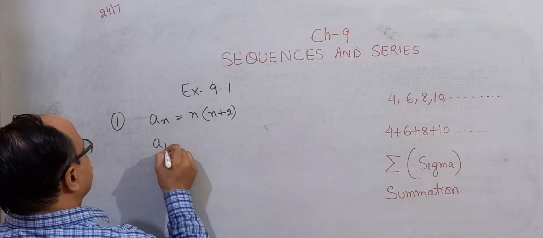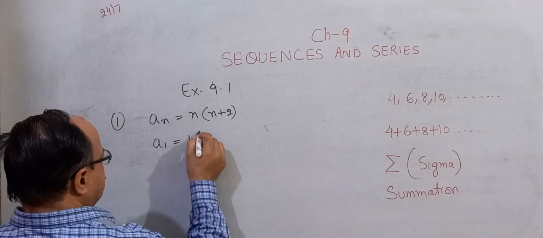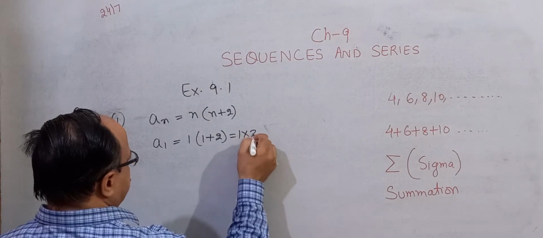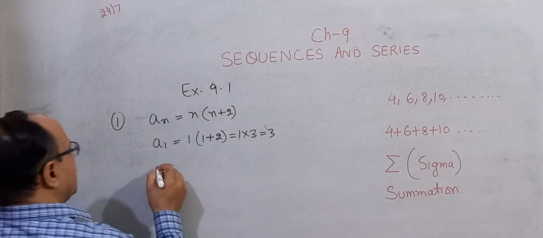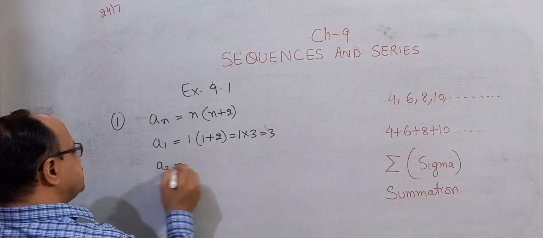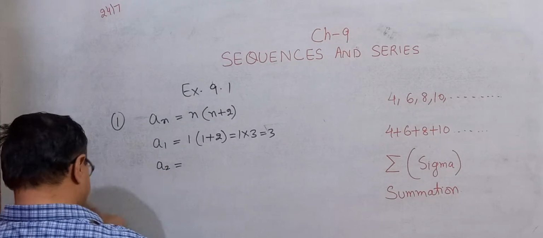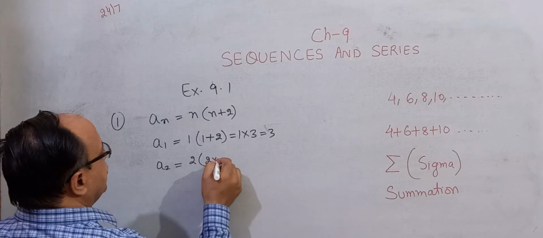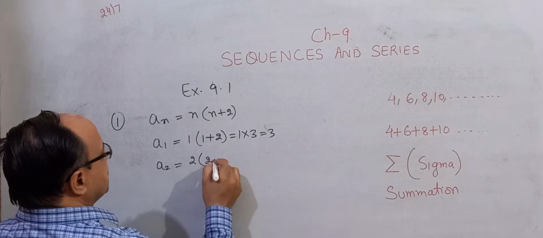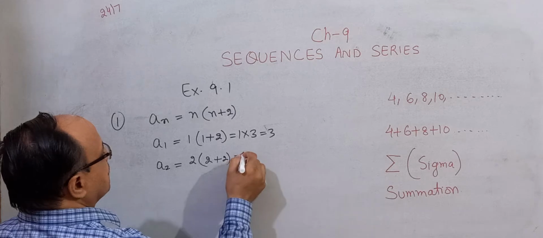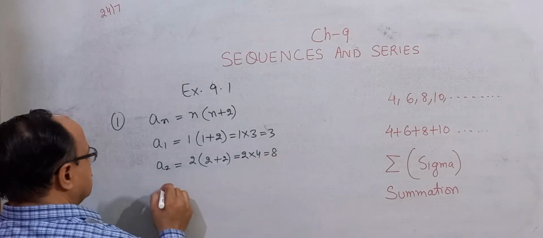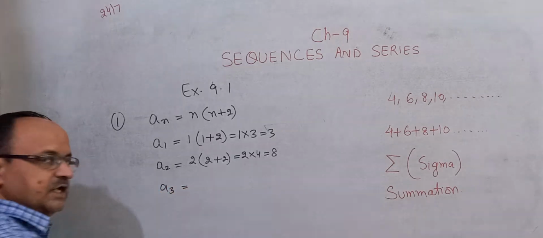If you want to find a1, then put n is equal to 1 here. That is 1 into 3. Answer is 3. If you want to find the second term a2, then put n is equal to 2 here: 2 into 2 plus 2, that is 2 into 4, 8.